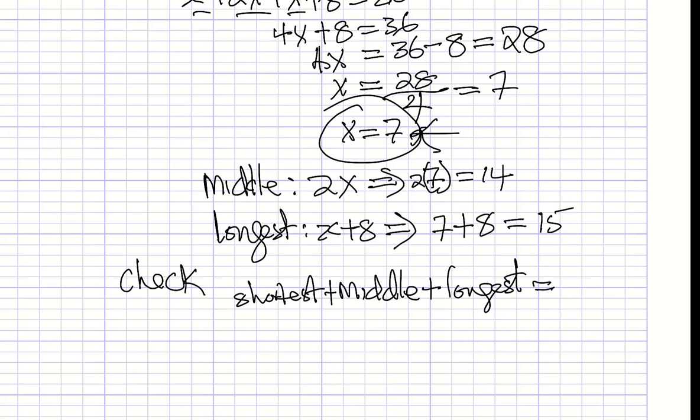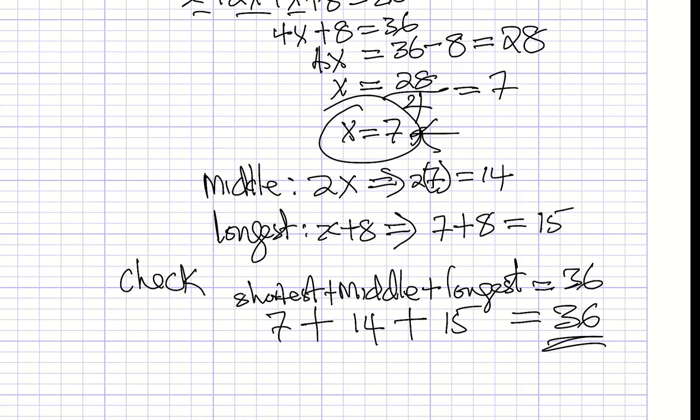They must equal 36. So we'll say 7 plus 14 plus 15. What is that? That's 36. Okay, so it checks out. So we're done with that.